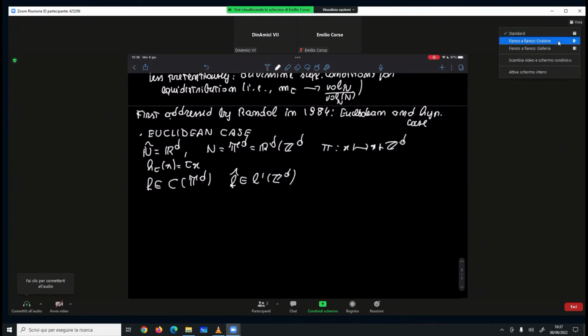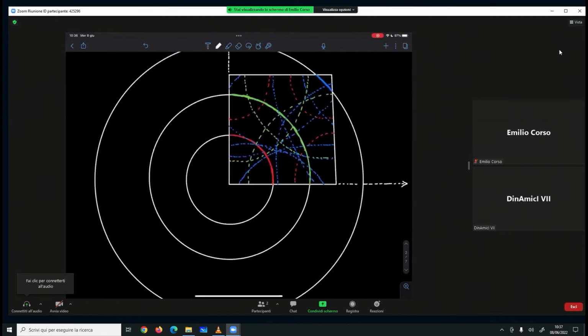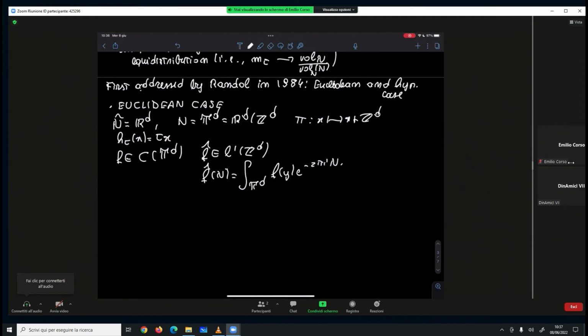Let me recall, just to fix notation, that the Fourier transform of a function on the torus is simply the integral over the torus of f of y times e to the minus 2 pi i, scalar product of n with y, with respect to dy.